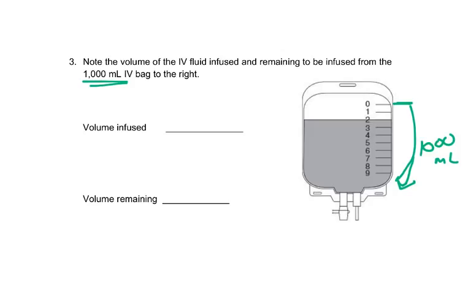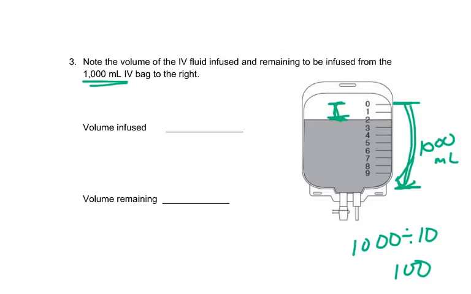So this 2 right here is telling us that from 0 to 2 have been used up, and that 2 actually represents 200. And you can tell that because there's 10 spaces between here and the bottom, and so if you take 1,000 divided by 10, you get 100. So each line actually is 100.